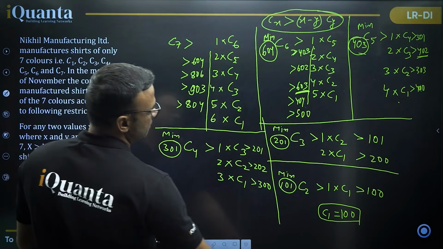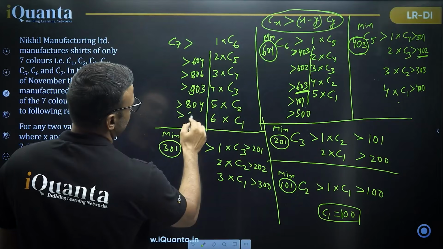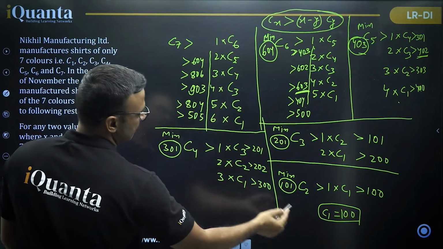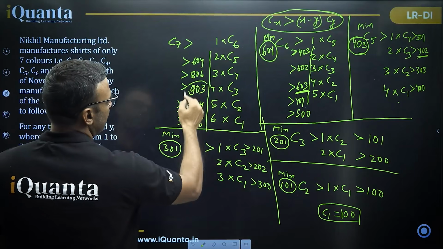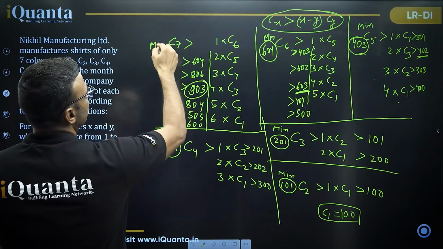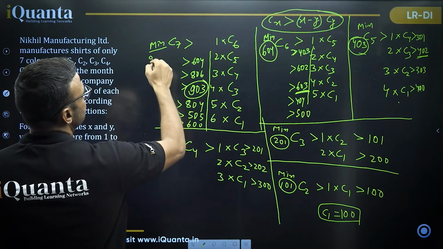And 5 into C2 is 505. And 6 into C1, that is greater than 600. So satisfying all of them, from here you can see that the C7 minimum value is 904.